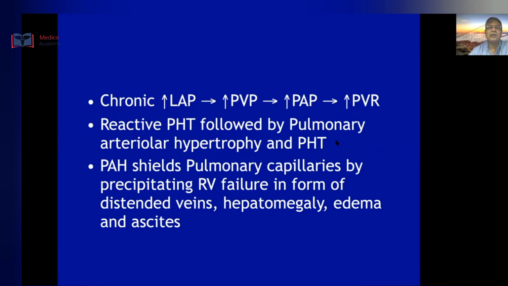Pulmonary hypertension is the body's mechanism to shield the pulmonary capillaries from developing pulmonary edema regularly. However, the pulmonary hypertension precipitates right ventricular failure in the form of distended veins, hepatomegaly, edema in the body, and ascites.